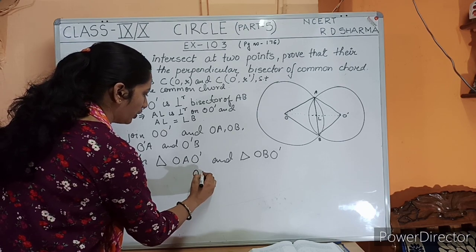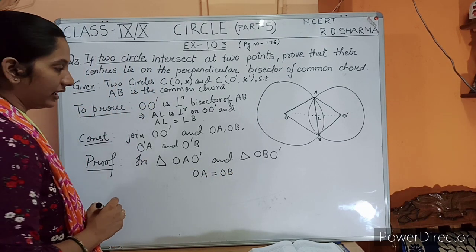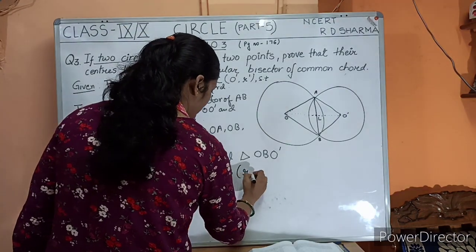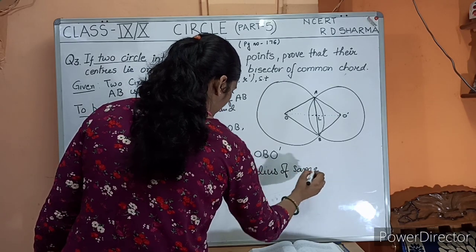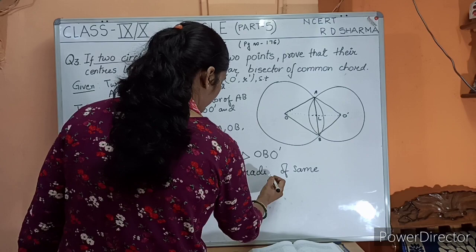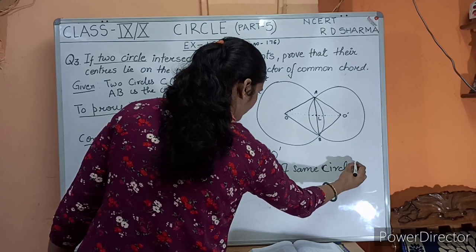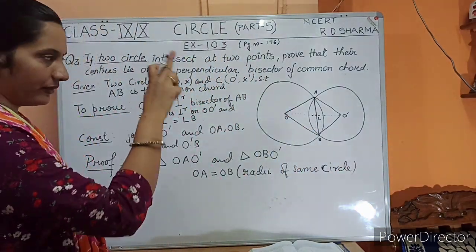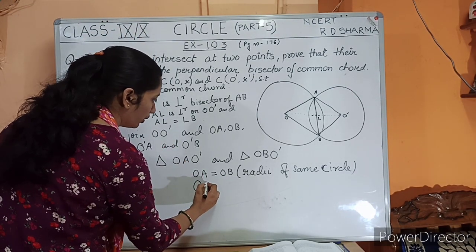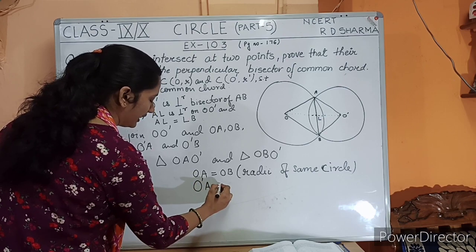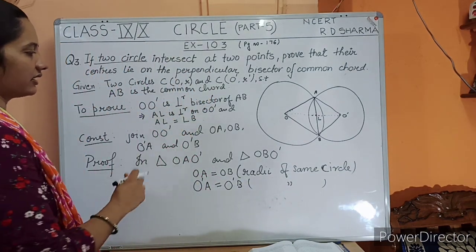So we can write here OA is equal to OB. Just think why? Because they are nothing but the radii of the same circle. देखो OA और OB first circle का radius है, तो obviously वो दोनों equal होंगे. Similarly we can write O dash A must be equal to O dash B. The reason is the same, radii of the second circle.